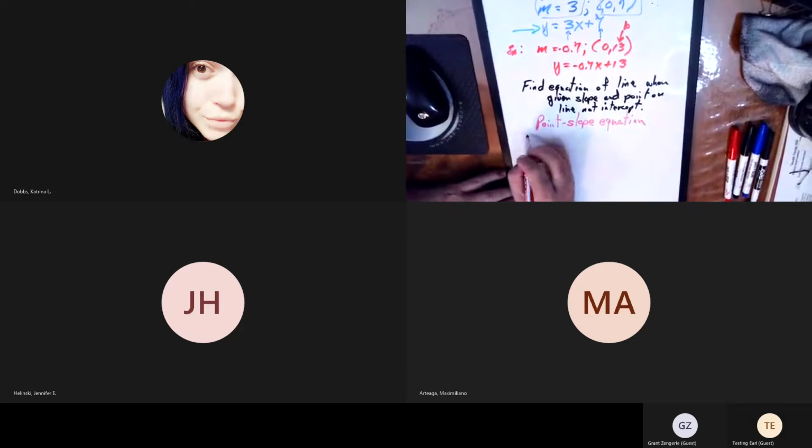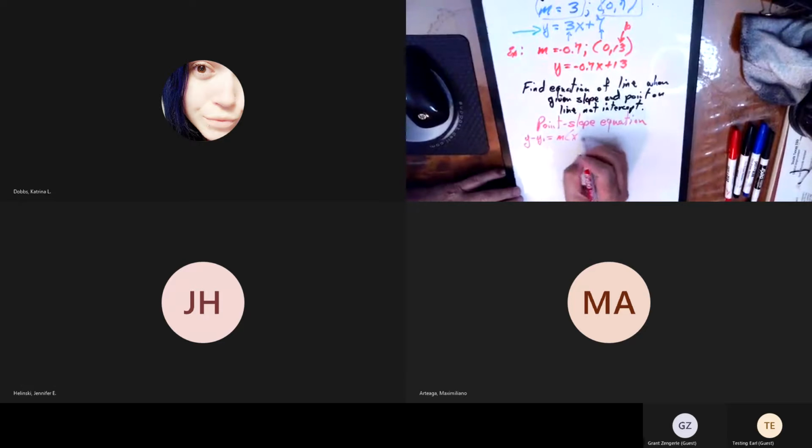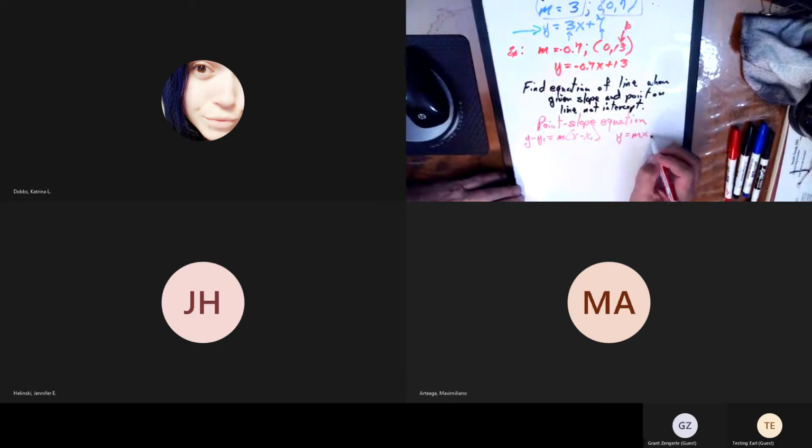Point-slope equation is y minus y1 equals m times (x minus x1). And then the other one is y equals mx plus b. Both of these ways are going to find us the equation of the line with a point not on the line.